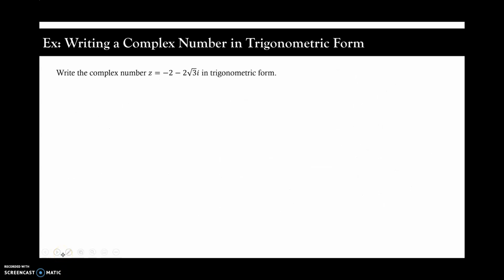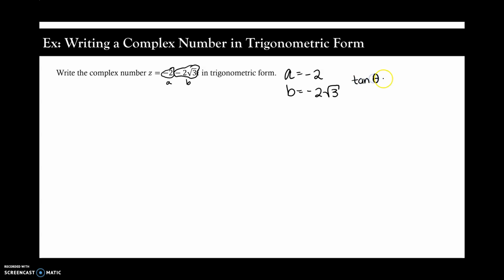Okay, write the complex number in trigonometric form. So we are going to take a is equal to negative 2, b is equal to negative 2 square root 3, and I'm just taking these guys. This is a, and that's b.